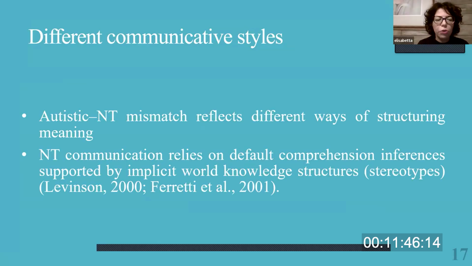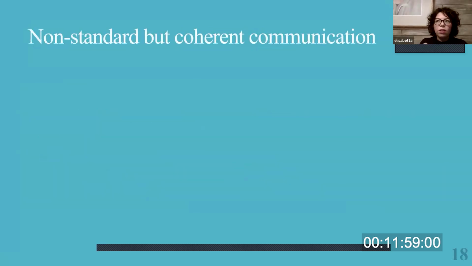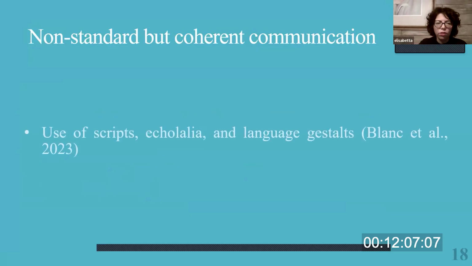Because usually neurotypical communication relies on default comprehension, inference supported by implicit word and knowledge structure, what we usually call stereotypes. Instead, autistic communication usually presents a non-standard, but coherent, communication, of what we usually call a standard, of course. For example, they can use scripts, echolalia, and language gestalts.